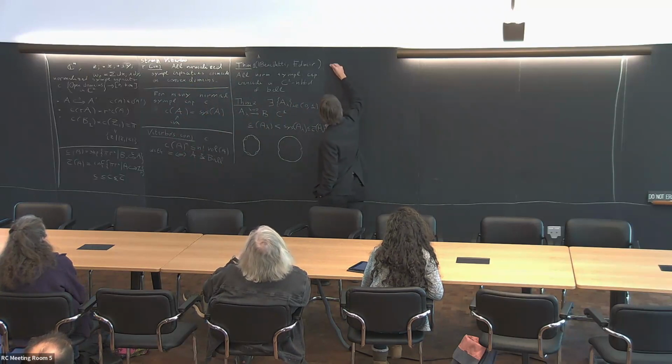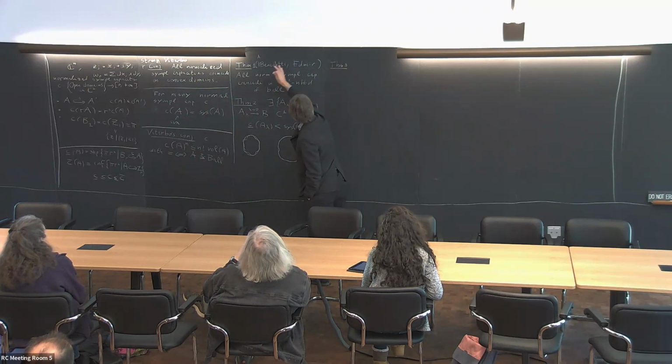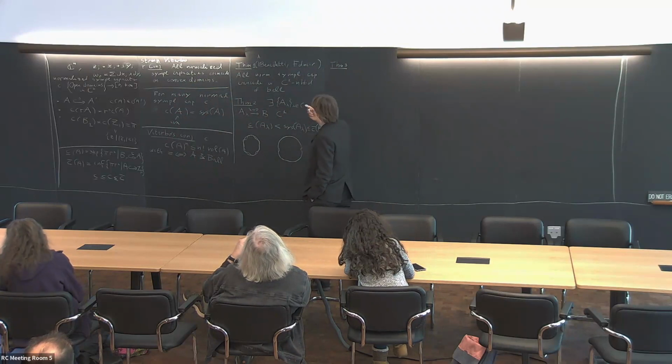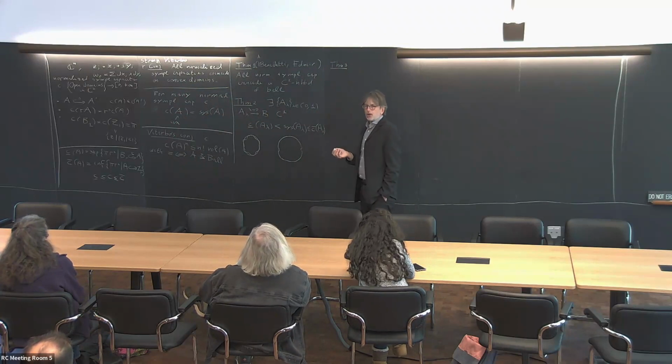And here, a theorem that we can also prove, basically by the same method, is that many of these capacities share the same value on ellipsoids.